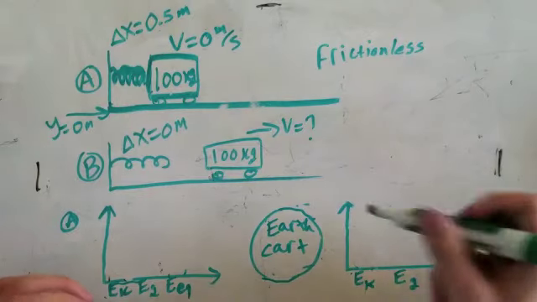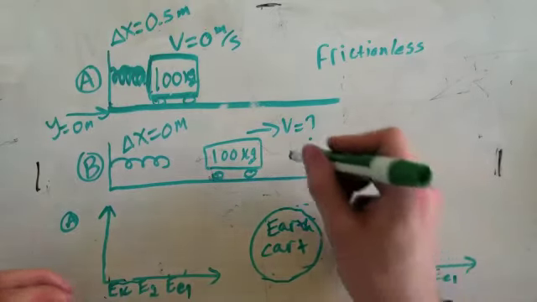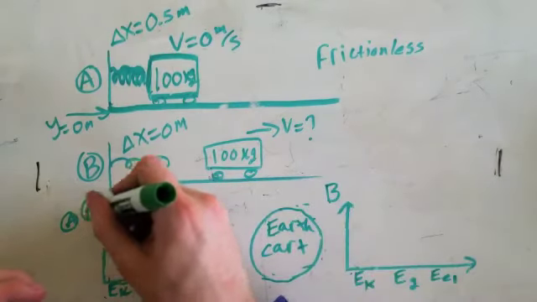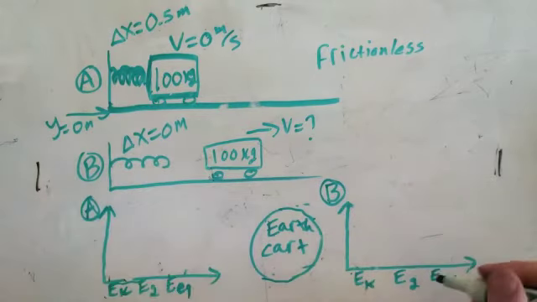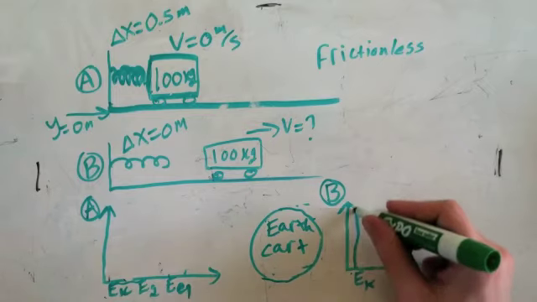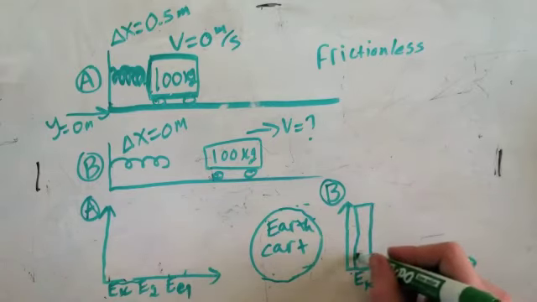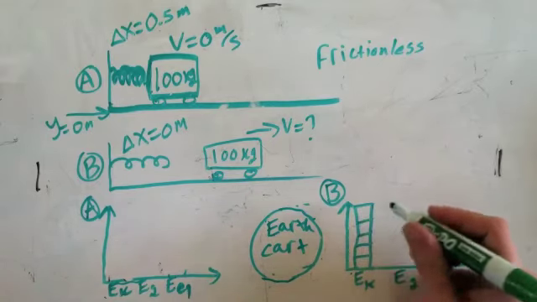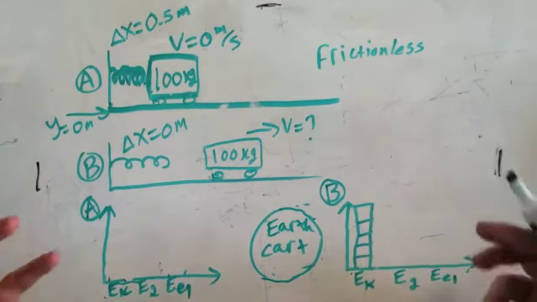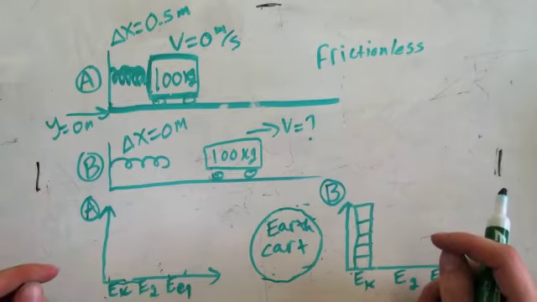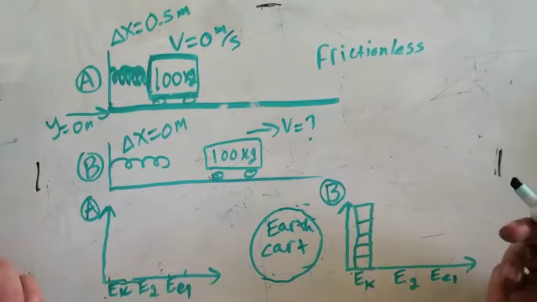But then, when I look at B, obviously, there's some energy. It's now moving. In fact, I could say that maybe there's 5 blocks, let's say, of energy. 5 qualitative blocks of energy. Well, that's weird.